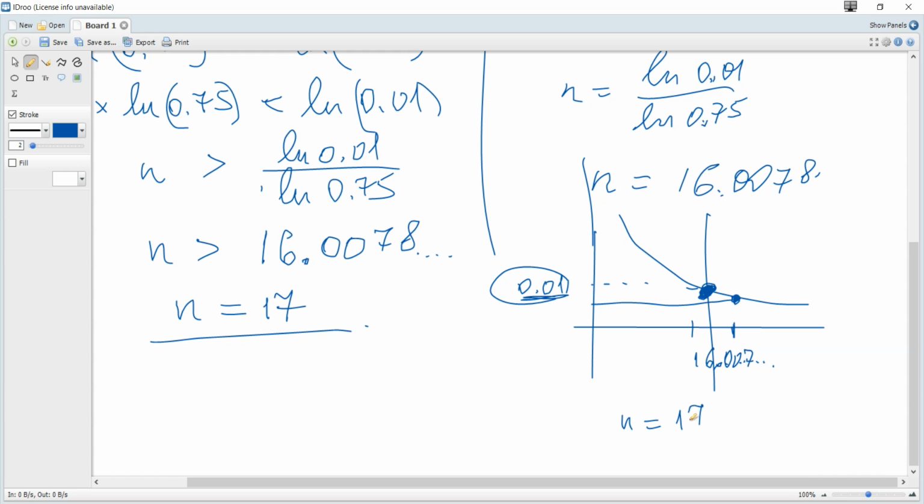So the least possible value of n is 17, because the function is decreasing.